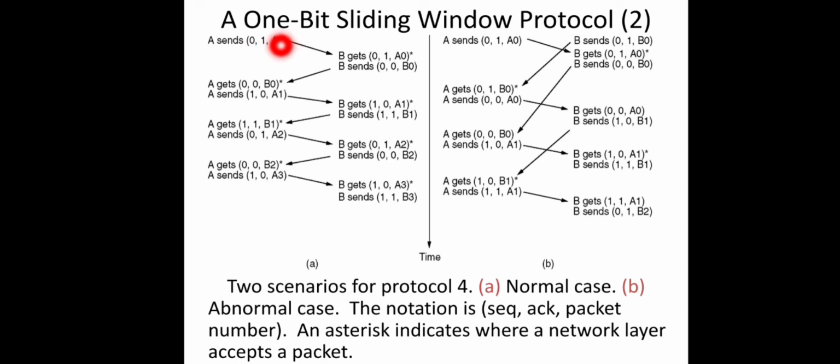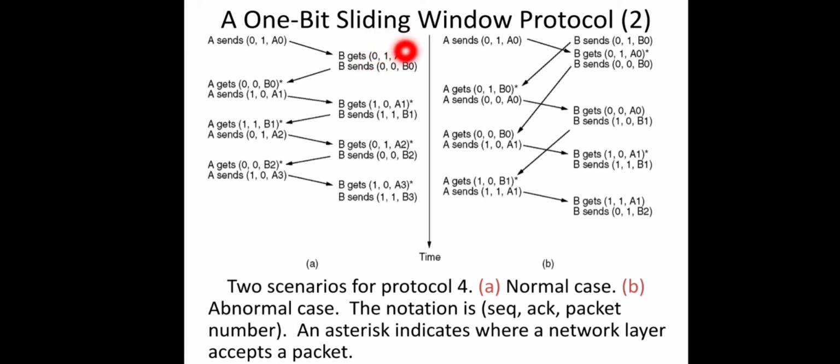Okay, and this is the frame. This is how the data is actually transmitted. The sender sends 0 1 A0. Initially you don't bother about the acknowledgement number because there is no acknowledgement yet. So simply keep the sequence number of the frame and the corresponding frame itself. B receives this packet, and the asterisk sign indicates that the data link layer successfully handed over this packet to the network layer.